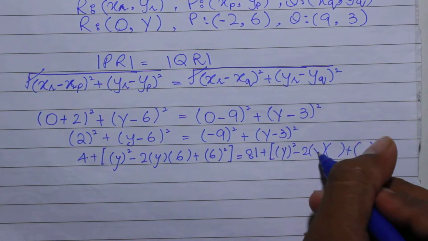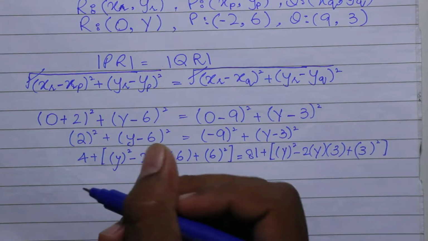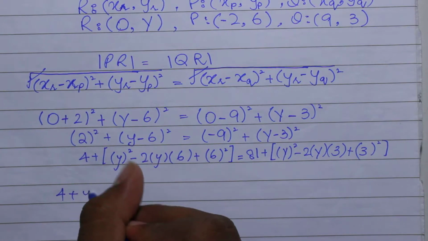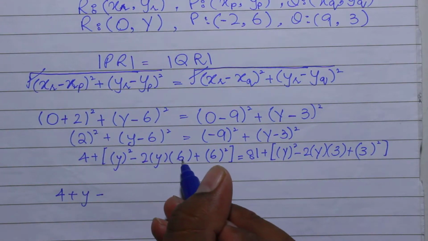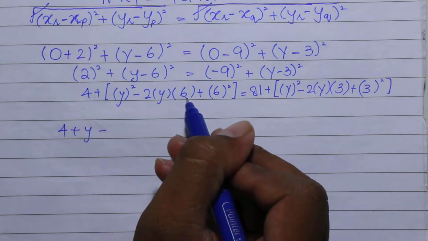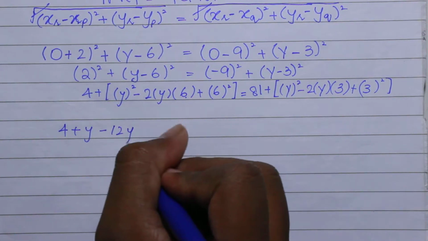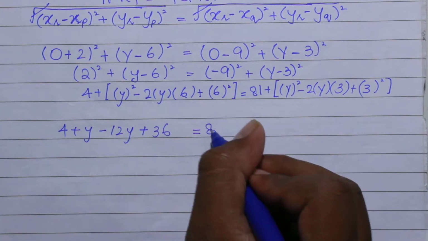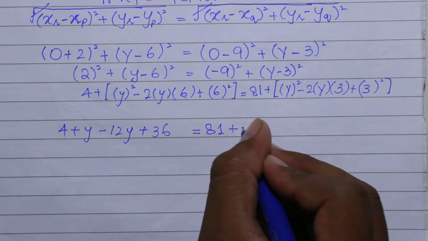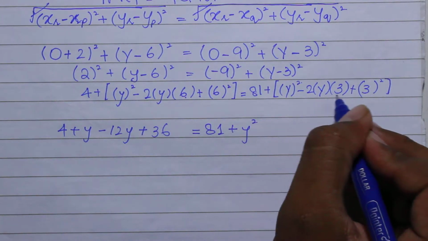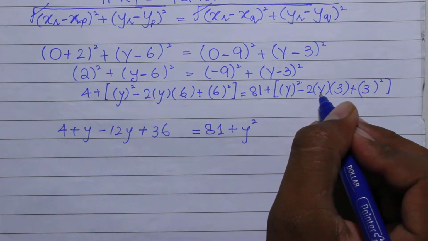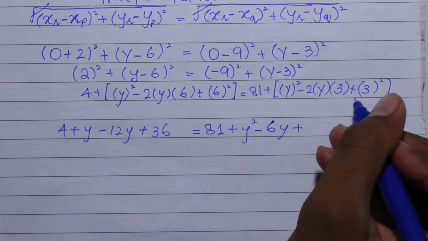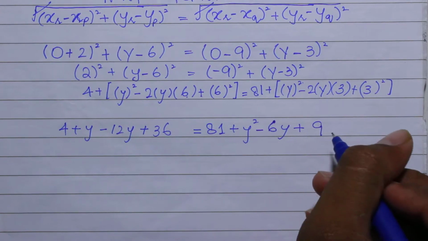The square of 9 gives you 81, plus again we have the formula a squared minus 2ab plus b squared, with y as a and 3 and 3. This is 4 plus y squared minus 12y plus 36 equals 81 plus y squared minus 6y plus 9.